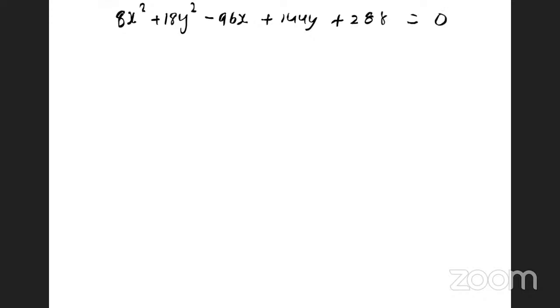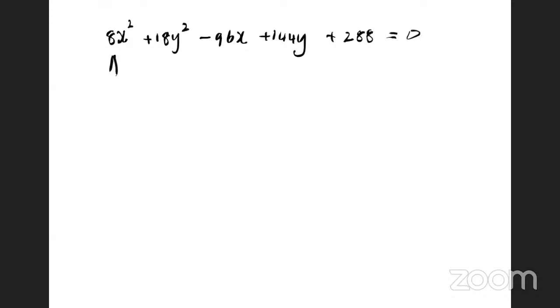If you look at it closely, it might look like a circle, except the coefficients of x squared and y squared are not the same. It might look like a circle, but this value here and this value here are not the same. If they were the same, then it's a circle, because you could divide everything by 8 or 18 or whatever.